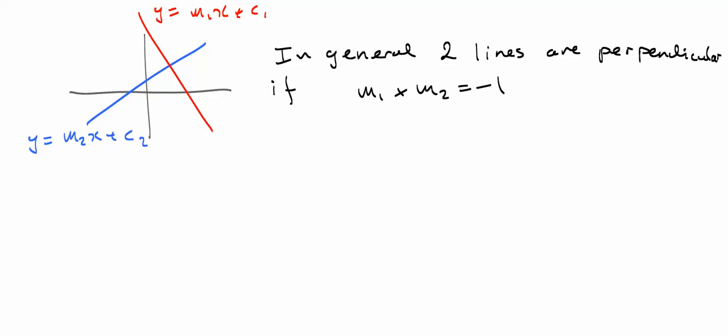So in general, two lines are perpendicular if m1 times m2 equals minus 1, where m1 and m2 are the gradients of the two lines. This can be written m1 equals minus 1 over m2. So one gradient is minus the reciprocal of the other gradient.